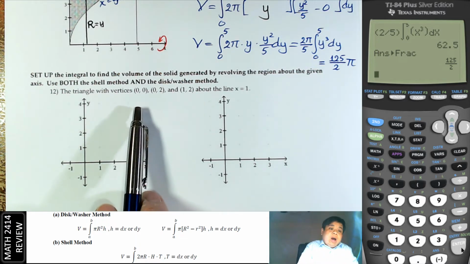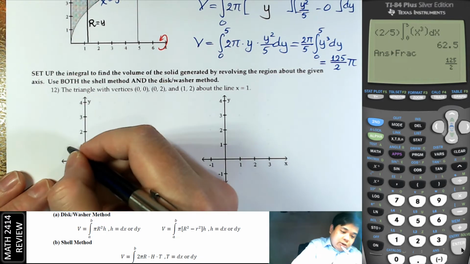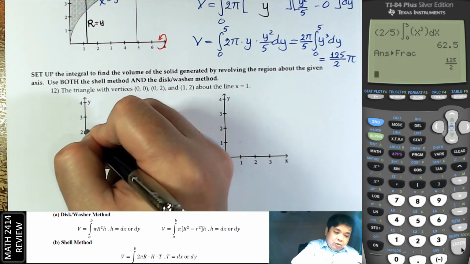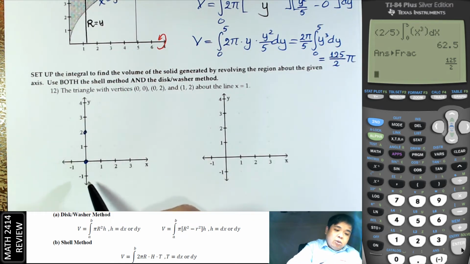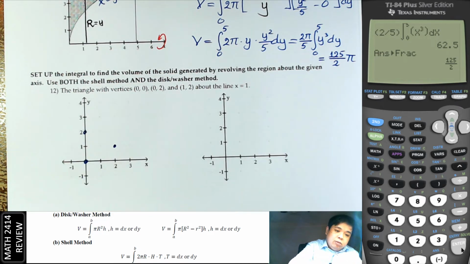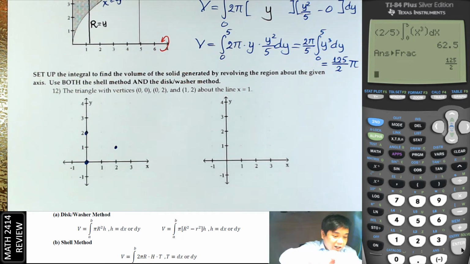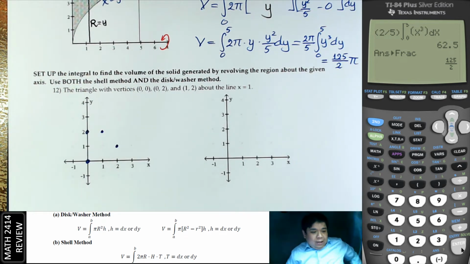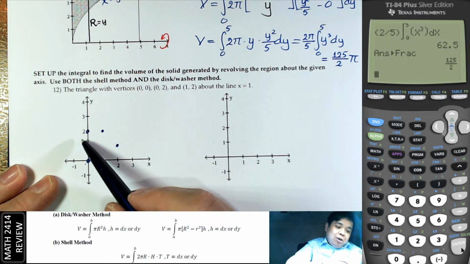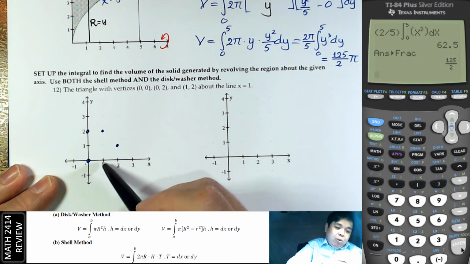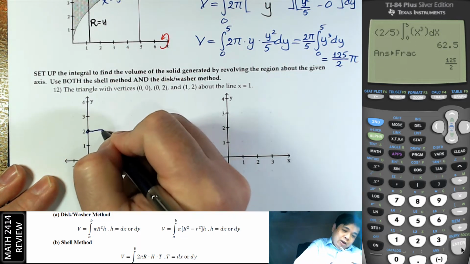The region is the triangle with points 0, 0, then 0 and 2, x equal to 0, y equal to 2, and 1 and 2, x equal to 1, y equal to 2, sorry. So we're talking about this triangle.